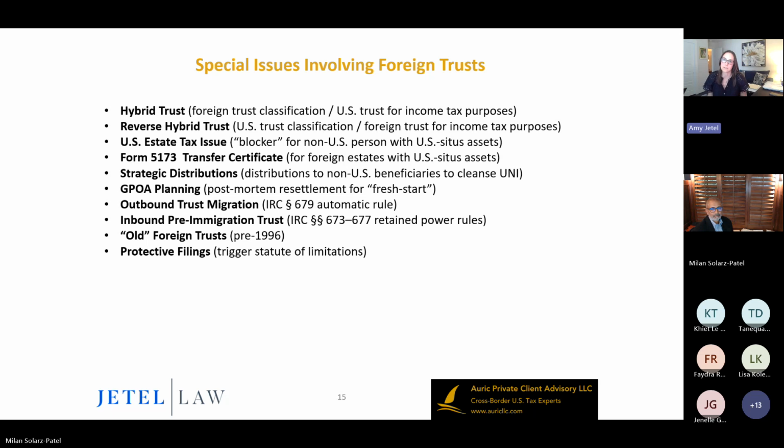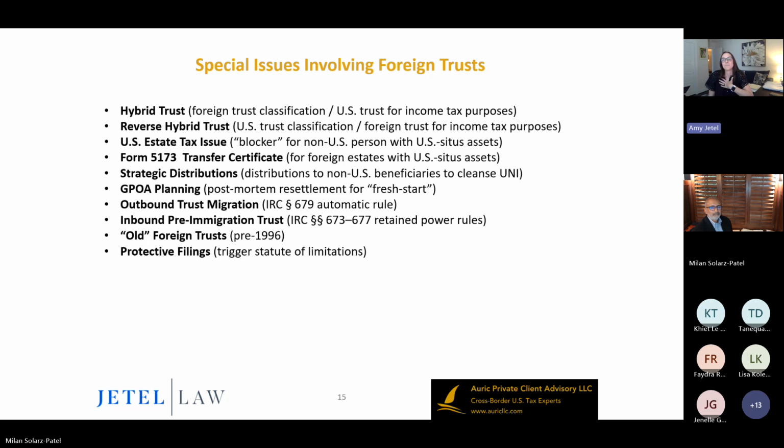So this is going to be the thing that our non-U.S. clients and audience are going to be most interested in. And I think I'm allowed to say it because the U.S. is not a Common Reporting Standard jurisdiction.